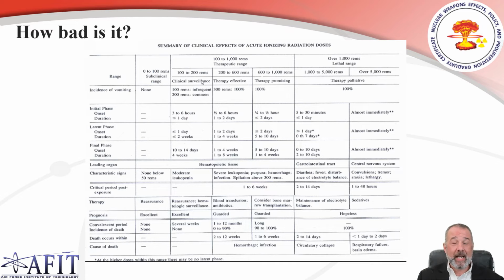We looked at thermal effects and blast effects, and now we're looking at the truly horrific results from radiation produced from that weapon. And this is prompt radiation. We still need to correlate what's going to happen in the long term with these biologic effects. I think that's going to be the next lesson that we'll cover.